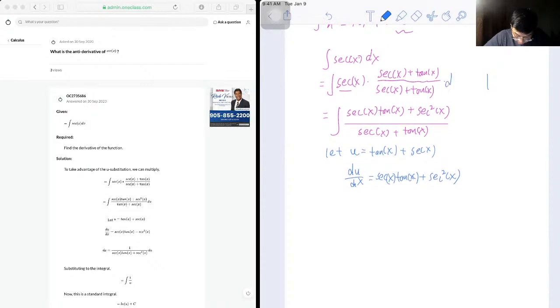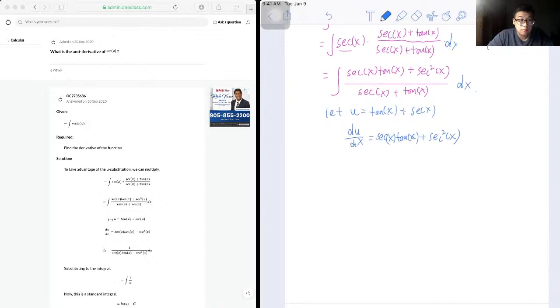Now dx will be du over secant x tangent x plus secant x squared.